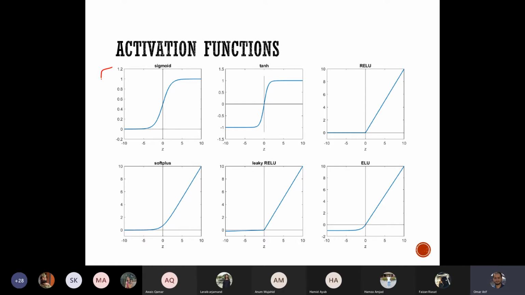The sigmoid, so far we have been using sigmoid, or you can also call it the logistic function, and the equation for that is 1 over 1 plus e to the minus z. So z is the input. In our case, what is the input? In all cases, the input would be w transpose x.